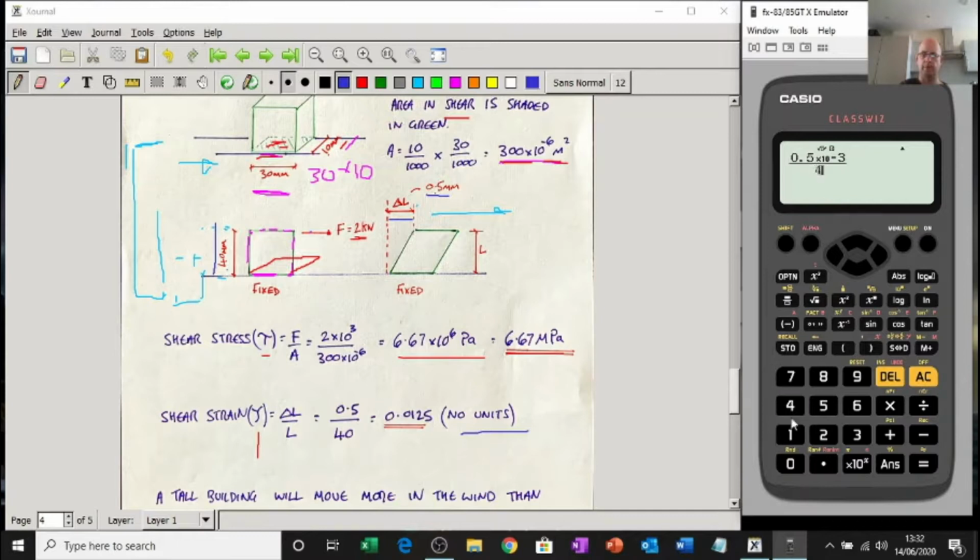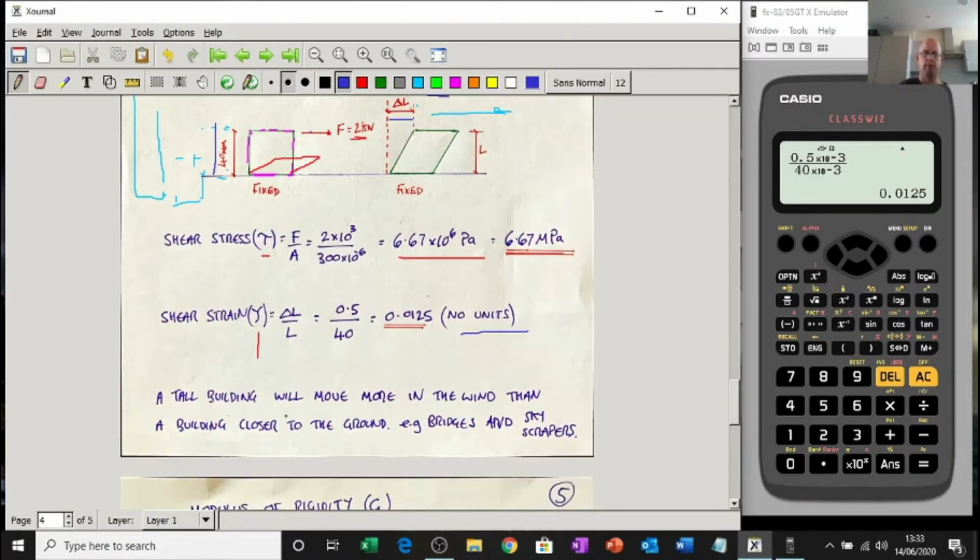So we'll divide that by 40 times 10 to the minus 3, because it's the same thing. If you divide something by 1,000, you'll get that. Press equals 0.0125. So as long as you're in the same units, you'll be laughing.